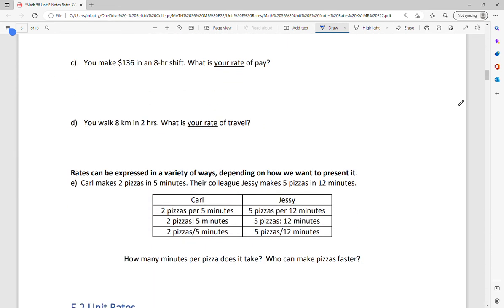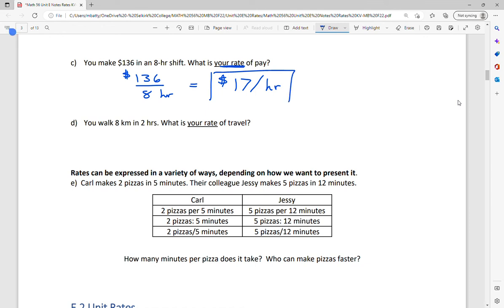So rates, if you remember, my classic example was rate of travel or kilometers per hour. Your rate of pay is also something. You know how much you make an hour. That's your rate of pay, right? So if we want to figure out a rate of pay, if you make $136 in 8 hours, right? If I did the math on this, and calculators are handy on this, you get $17 per hour.